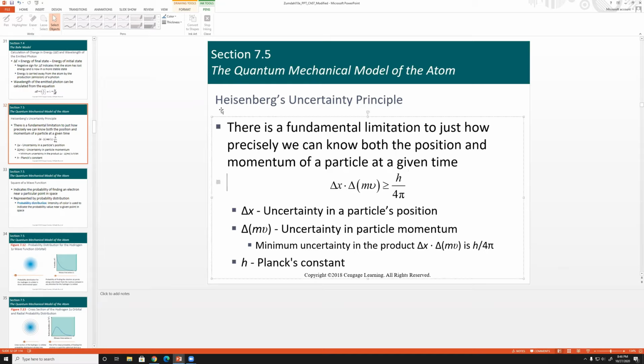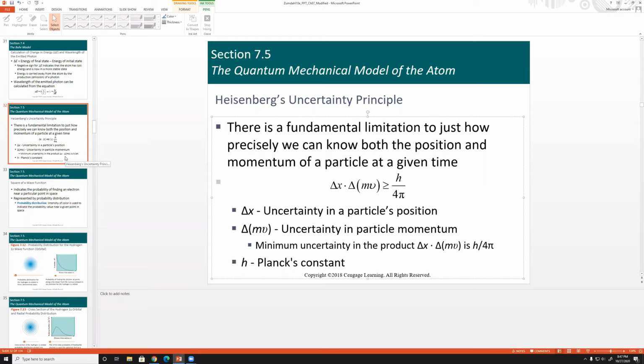But basically, maybe you've heard of this before, but the uncertainty principle says that there's a limitation because electrons are moving very quickly in these orbitals, or we think they're moving in these orbitals. Now, the Bohr model is just that: a model. It doesn't tell you exactly where the electrons are.